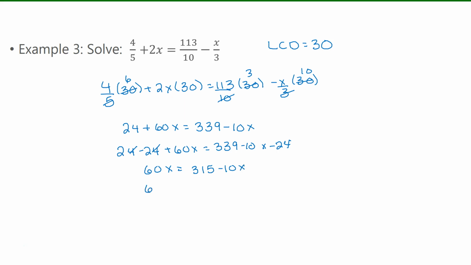Now I'm going to add 10x to both sides, which works out to be 70x is equal to 315. Now our last step is to divide both sides by 70.